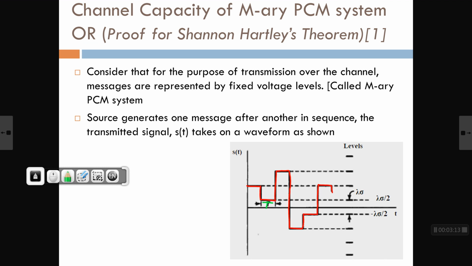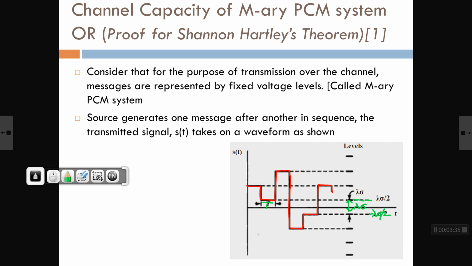So now what are these levels? You can see here there is no level at 0, but above 0 there is a level which is λσ/2, and below it there is a level minus λσ/2. So what is the separation between any two levels? Separation between any two levels is λσ.